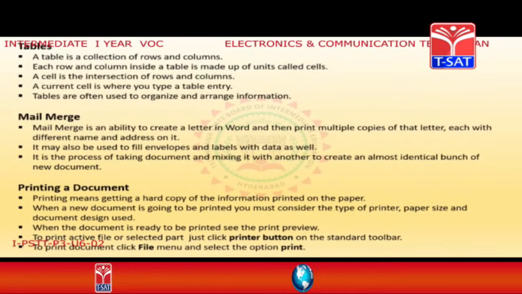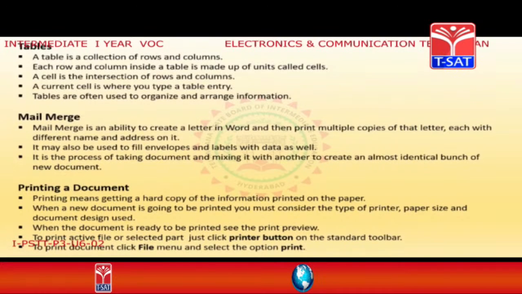Printing a document. Printing means getting a hard copy of the information printed on paper. When a new document is going to be printed, you must consider the type of the printer, paper size and document design used.